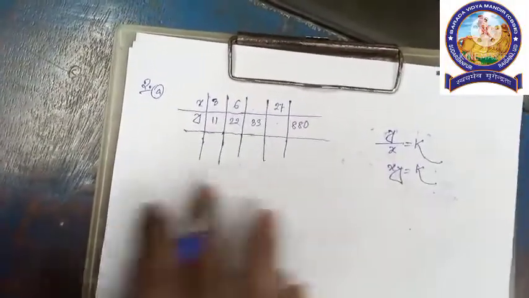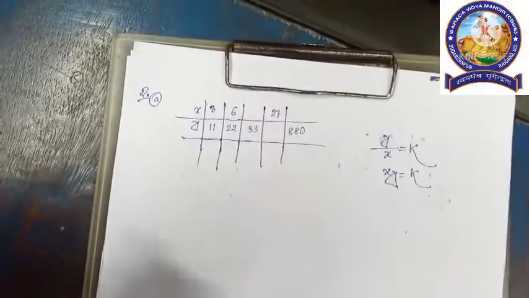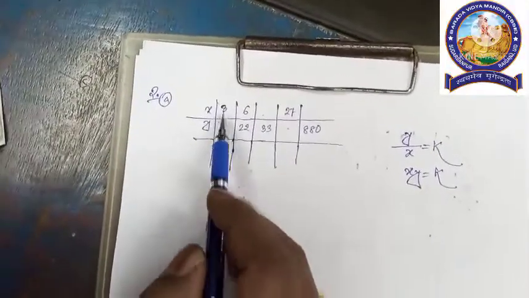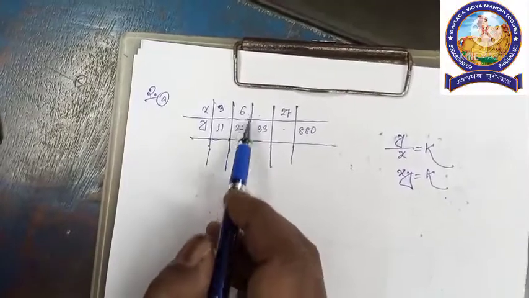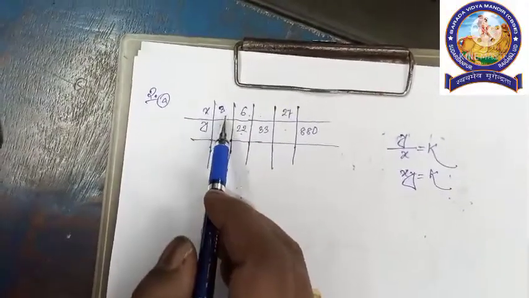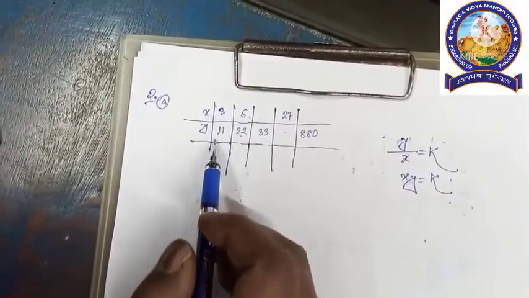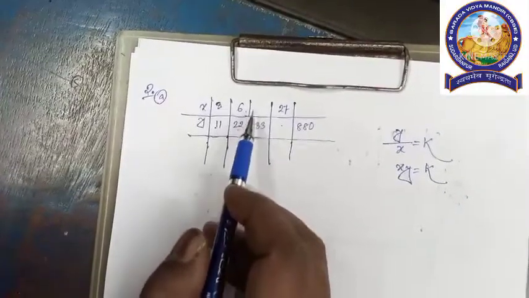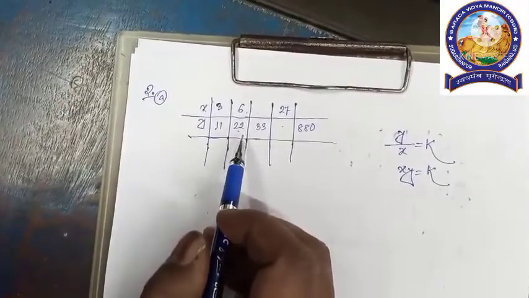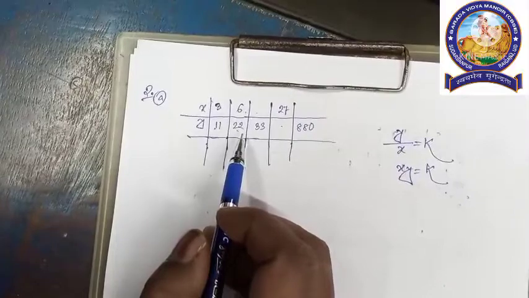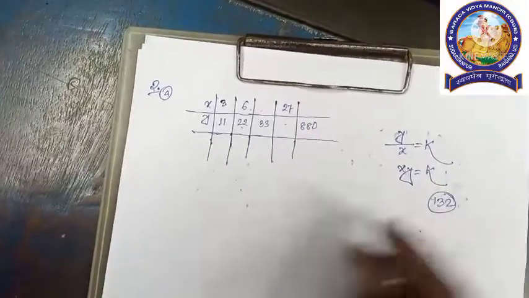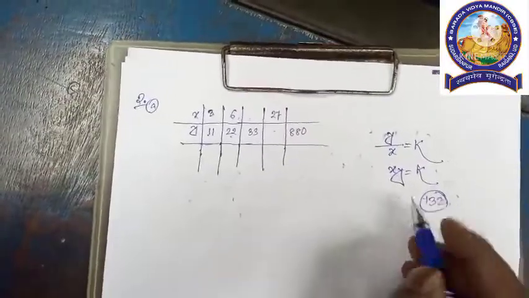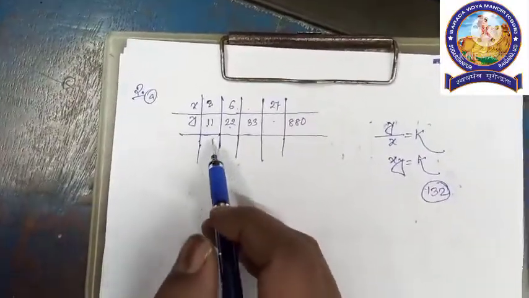Okay. So roughly, if you calculate 3 into 11 and 6 into 22, then the values are not the same, because 3 into 11 is 33, and 6 into 22 becomes 132. Okay. So the products are not the same.